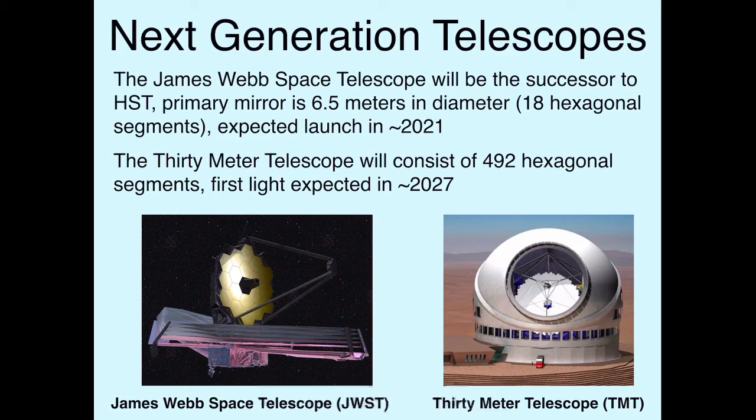The primary mirror is 30 meters in diameter, about 100 feet, and this will be by far the largest telescope ever constructed once it's built. And it will be far more powerful than any ground-based telescope like the Keck telescopes. So it'll be really exciting to see what we can learn about the universe with this next generation of more powerful telescopes that is coming out.